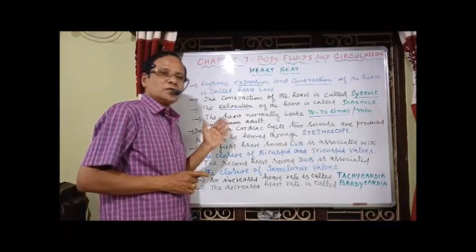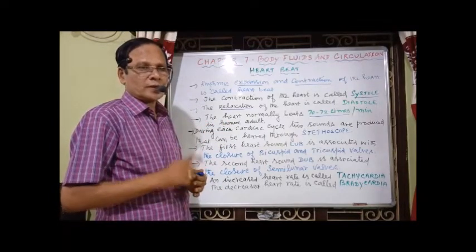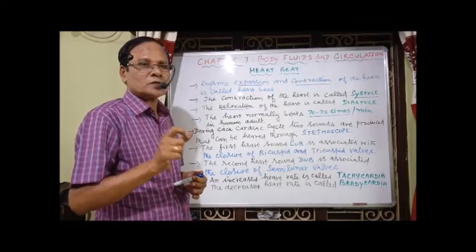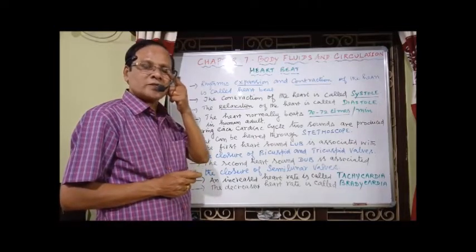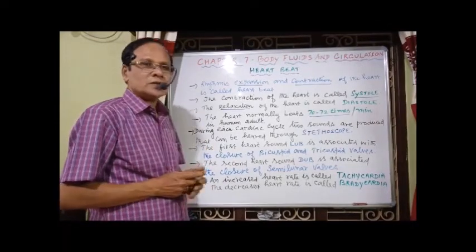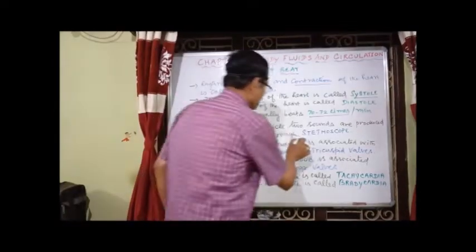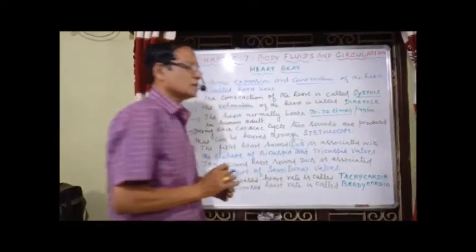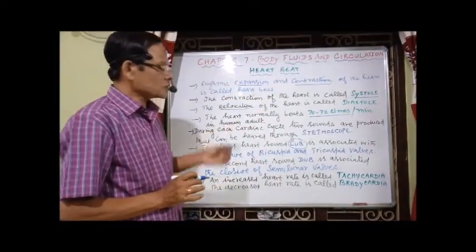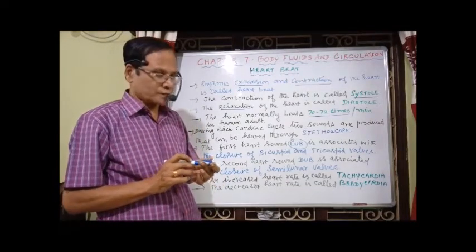During each cardiac cycle, two sounds are produced, and they can be heard through an instrument called a stethoscope, used for examination of the chest. The first heart sound is called lub. The heart sounds are caused by the closure of two different types of valves.